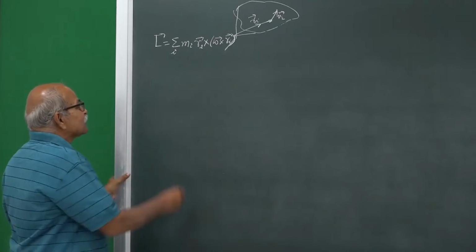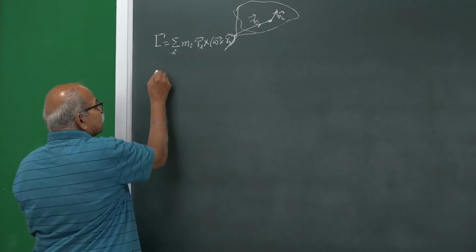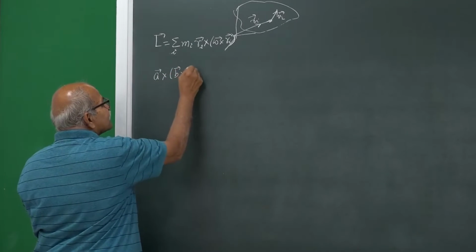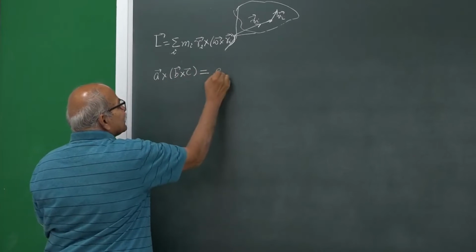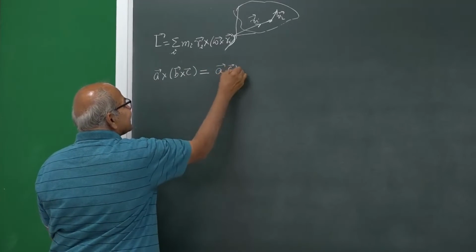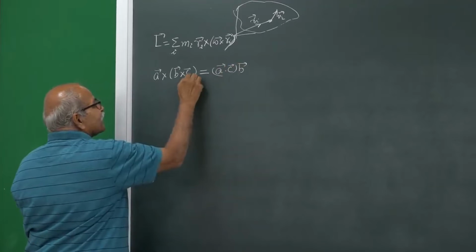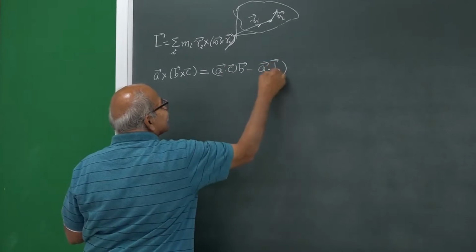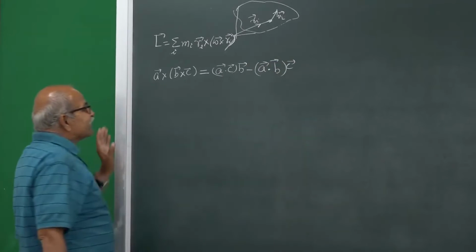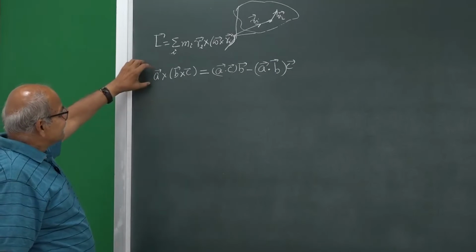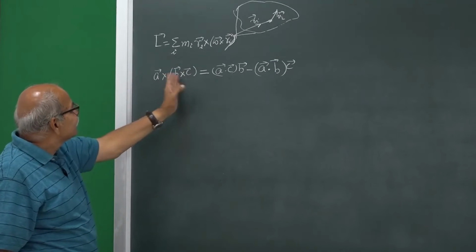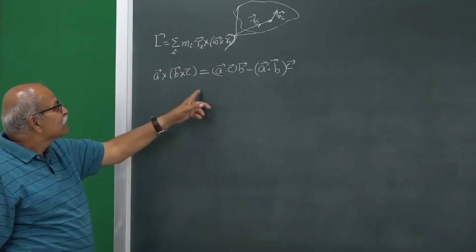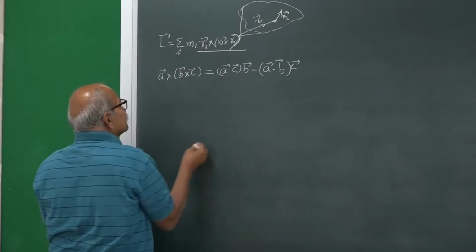Now, you must be knowing this, that A cross B cross C is equal to A dot C times B vector, minus A dot B times C vector. This you can work out, a standard result. Any three vectors you take, and in this fashion you do the cross products, and this is equal to this. This we will be using for this part.